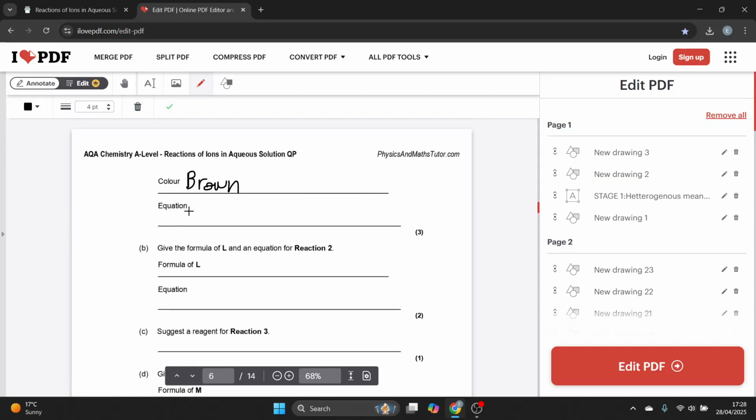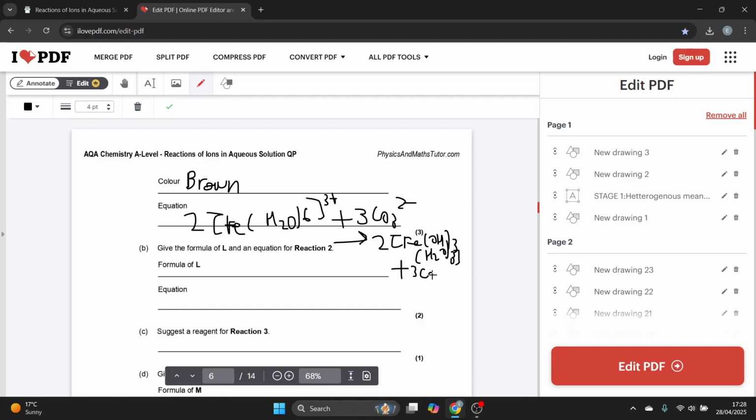The equation is 2Fe(H2O)6 3+ plus 3CO3 2- arrow 2[Fe(OH)3(H2O)3] plus 3CO2 plus 3H2O.